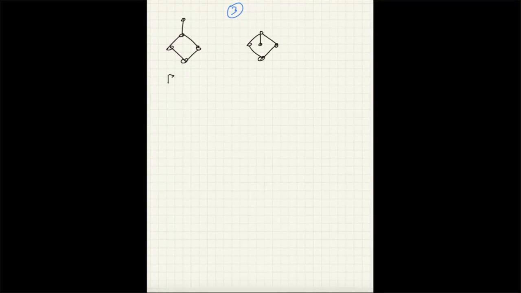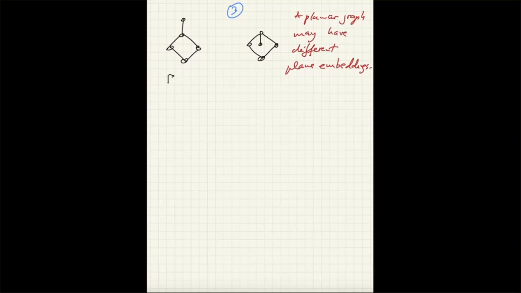So that's a simple observation: a planar graph may have different plane embeddings. We haven't said what different means, but just from the picture, these things seem different.